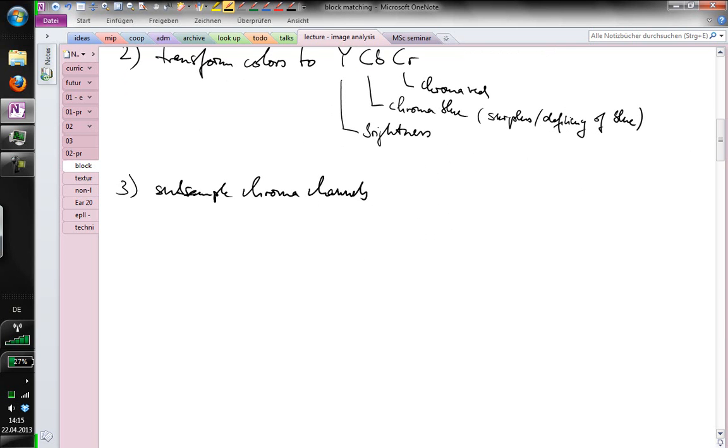So I'm showing here in black the locations of the pixels for which we encode the brightness. And then the red, for example, is only transmitted for 1 out of 4 pixels, at a location that is interpolated. And similarly for the blue information.